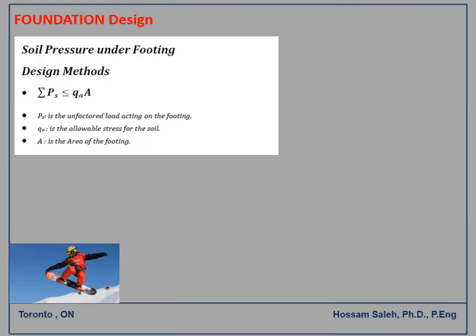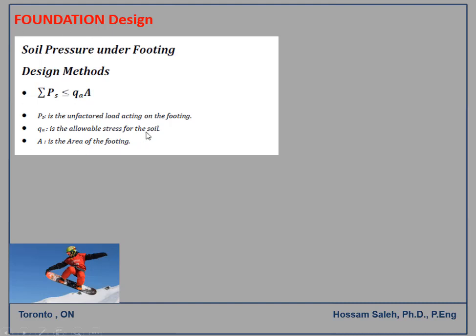So if you take a foundation 3 by 4, it gives you an area of 12 meter square. So 12 meter square times the 500 gives you 6,000 kilonewton as a bearing load. It can carry a load up to 6,000.